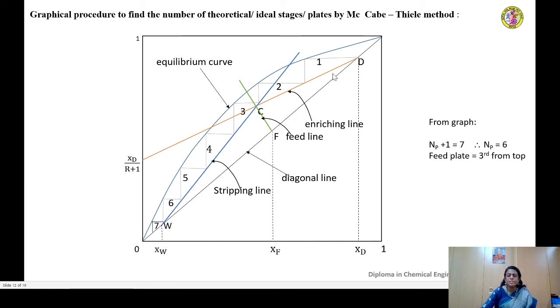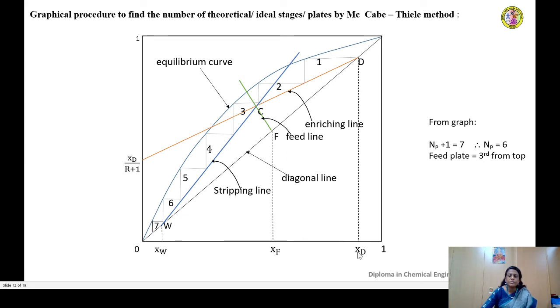So first you have to construct an equilibrium diagram, so X versus Y plot. Draw a diagonal line and an equilibrium curve using XY data. This you have already practiced. After you construct the equilibrium line, locate points D, F and W by knowing the values XD, XF and XW.